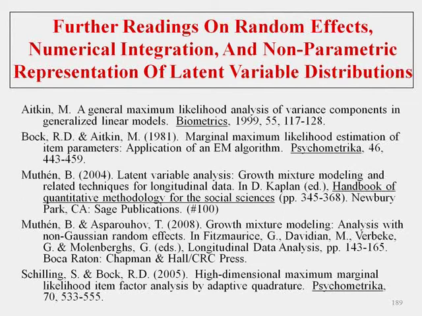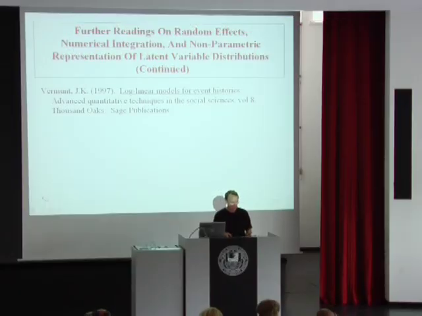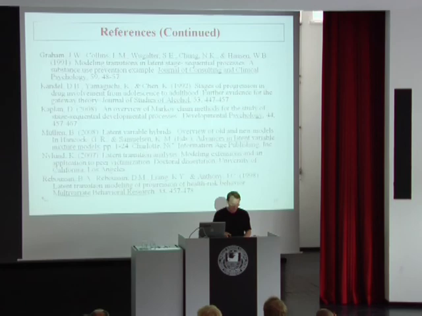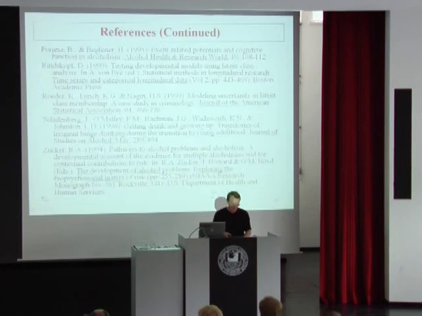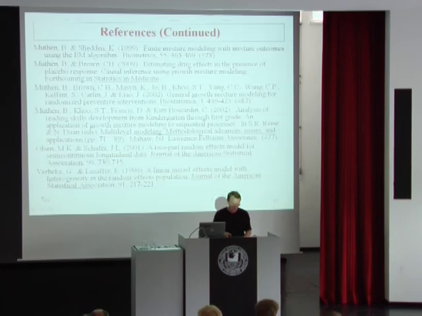Schilling and Bock here at the bottom is a recent one talking about high-dimensional maximum marginal likelihood item factor analysis by adaptive quadrature. And there's also a good overview elsewhere. Let me see, I think I have another reference at the very end here.